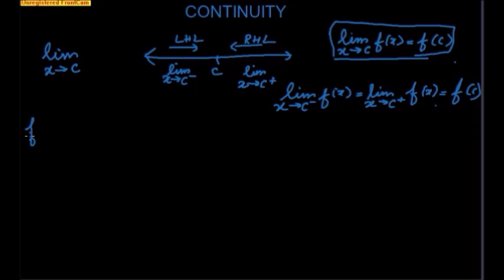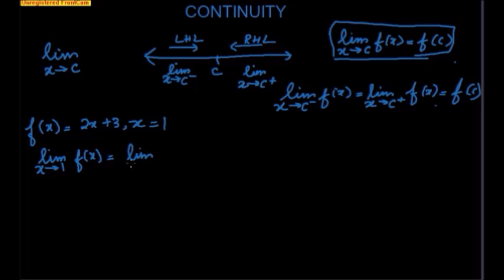Let me take an example. f(x) is equal to 2x plus 3. We have to check for x equal to 1. Because we have only one function which is defined, I take the first condition and check for limit x tending to 1 f(x). What is f(x) at x tending to 1? It is 2x plus 3, and if you put the value of x as 1 here, as you do in limits, we get the answer to be 5.